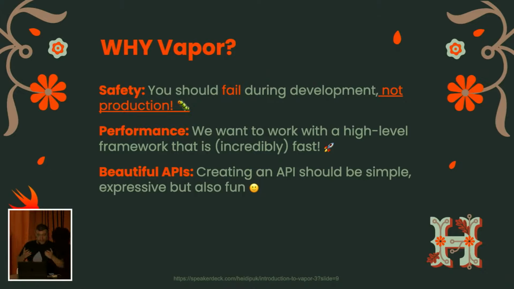Performance-wise, it's compiled. Swift is a compiled language, and because of that, it's just so fast. Beautiful APIs. Well, we are talking about a protocol-oriented language and approach here. So writing the code and the code structure also look kind of nice. And you like to see the code, it's readable, and it also encourages you to do more.